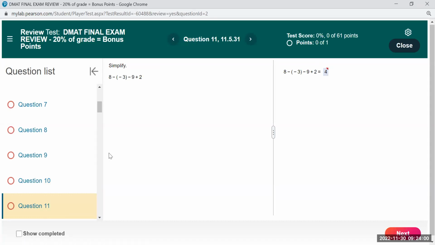Simplify. 8 minus parentheses -3 minus 9 plus 2.